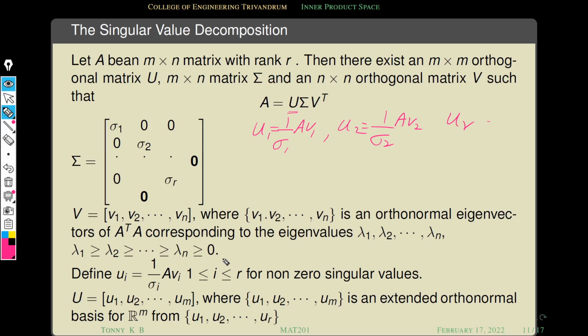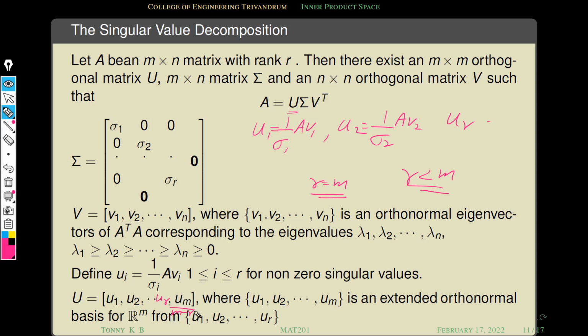Sometimes r equals m, then no problem, we have a sufficient number of ui's. Suppose r is less than m, then u1, u2, up to ur are somewhere here, and we have to find the remaining m minus r vectors. How to find these m minus r vectors? If r equals m, there is no issue, U is given by u1, u2, up to ur. Otherwise, we have to add extra m minus r vectors.